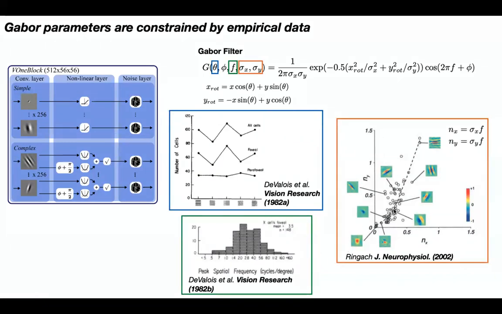We took distributions from recorded V1 neurons to instantiate the Gabors in our block. So we're not sampling uniformly all spatial frequencies and all orientations. We actually have biases of certain spatial frequencies and certain orientations according to V1, and we chose to not optimize these distributions and just try to approximate the neuronal data.